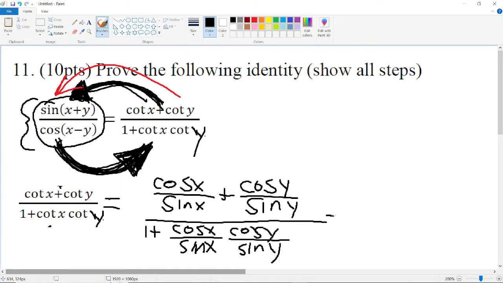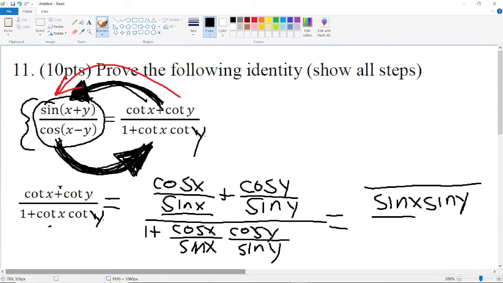Now on top I will add those two fractions, and I will use the common denominator, which is sine x sine y. I have no idea if this is going in the right direction, but we'll find out.